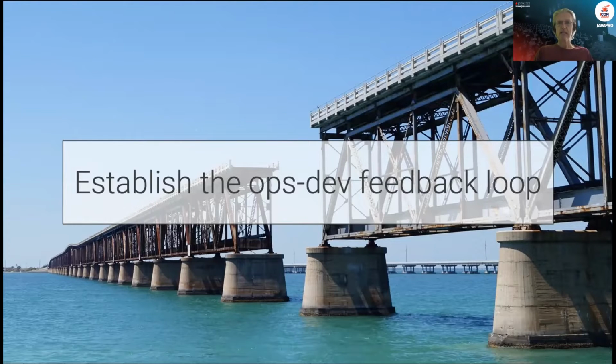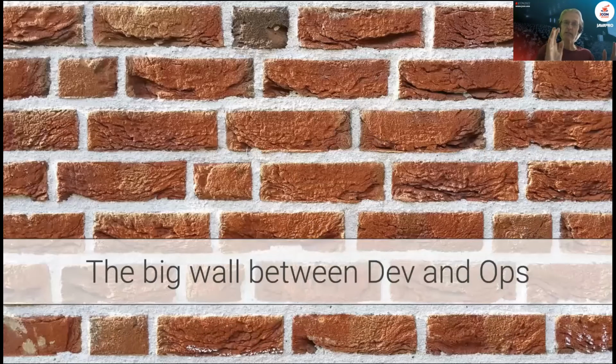The problem is the big wall between dev and ops that we still see in many organizations. Often there are just tiny holes poked into that wall, which describe the official paths of your software development process.